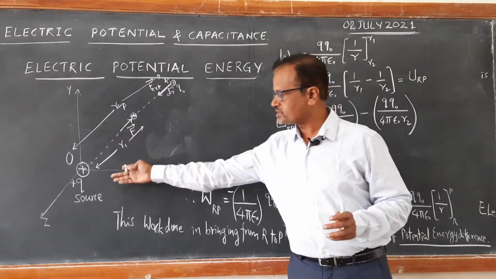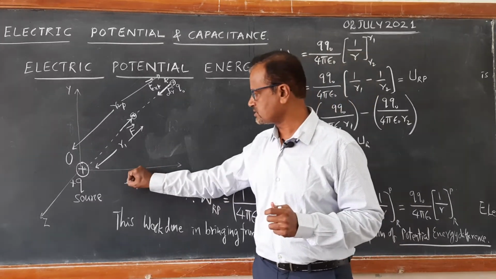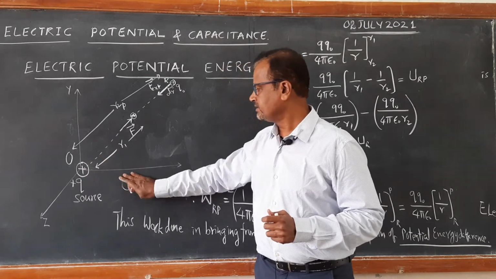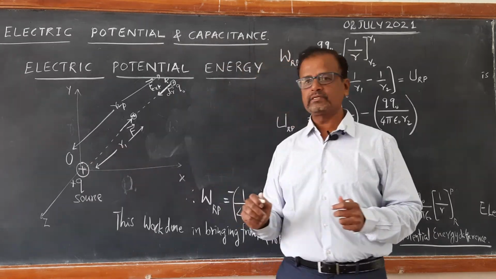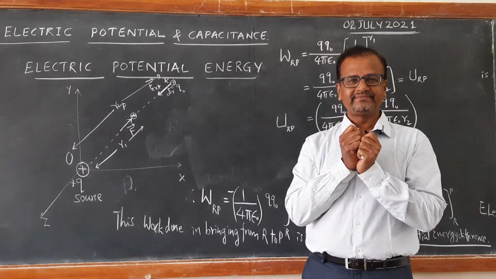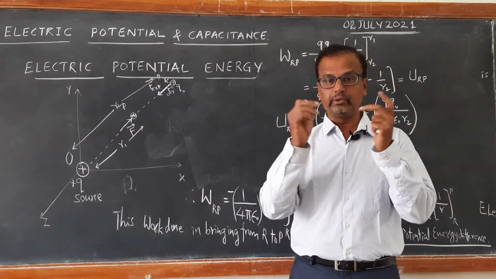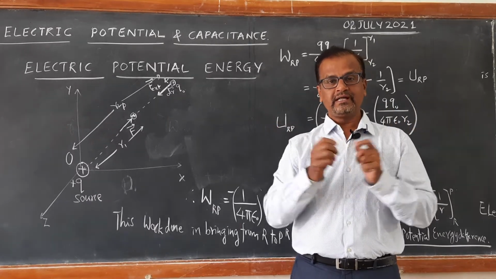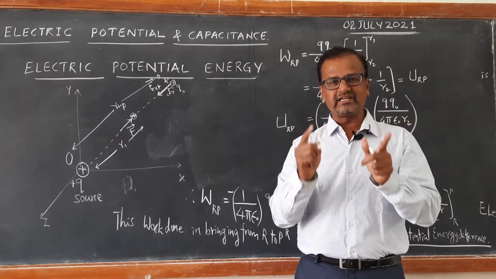Suppose the source charge is negative. In that case, the work has to be done against an attractive force. When the work is done against an attractive electrostatic force, then the potential energy is negative.